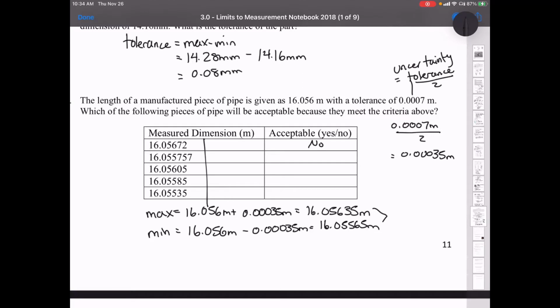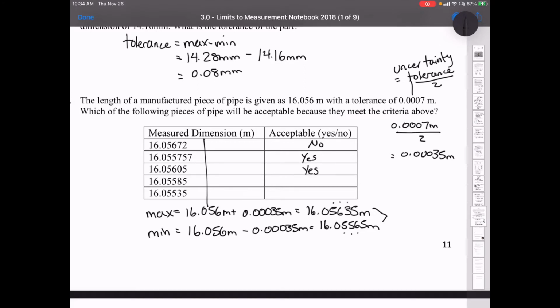Next one, 16.05757, is above the minimum, so that would be an acceptable value. 16.05605 is less than our maximum, so that one would be acceptable.